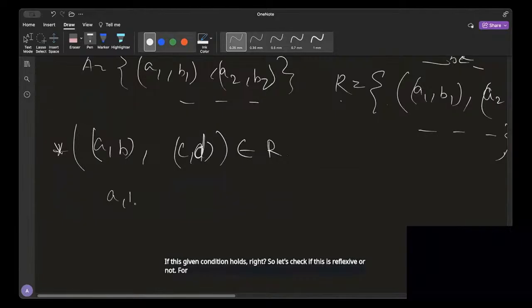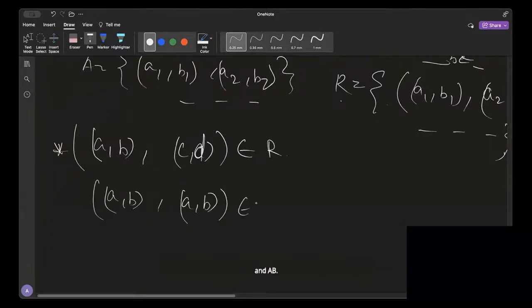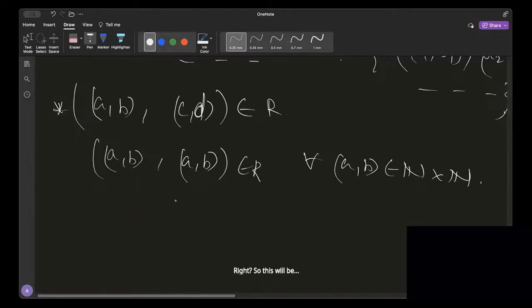For reflexive, you need (A, B) and (A, B) belonging to R for all (A, B) belonging to N cross N, right? And what's the condition? We want this. This is true only when, what was it?